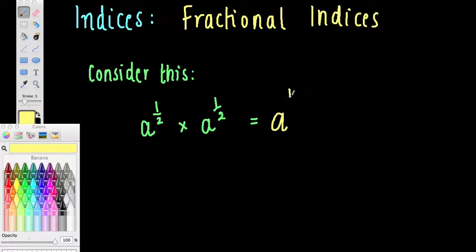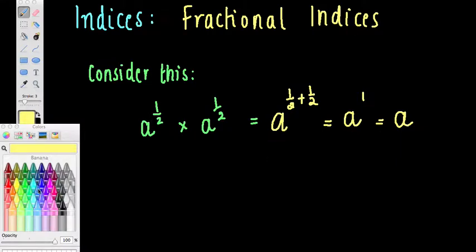So this would be a to the half plus a half. Of course, if we're multiplying the same base, we add the indices. 1/2 plus 1/2 is 1, isn't it? 1 whole. Well, we can just write a. We don't need to write this index of 1. So as you can see, a to the power of half multiplied by a to the power of a half is actually equal to a.